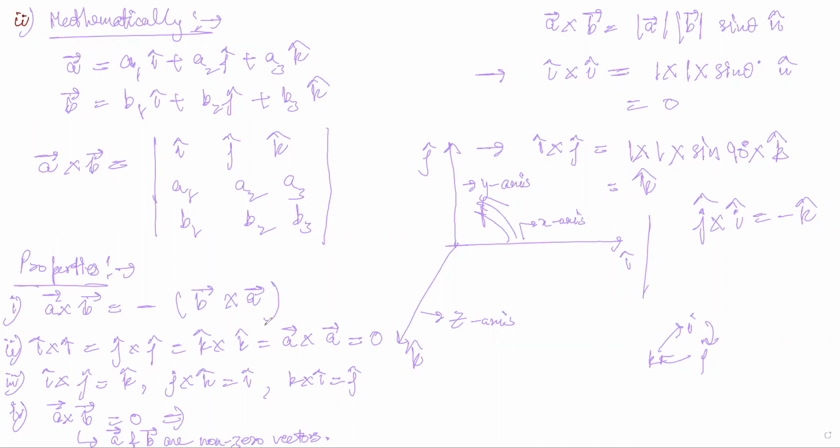So how can their cross product be 0? If A and B are collinear vectors, or the angle between them is 0. So it can only be 0 due to sine theta, which means that theta has to be 0. It means that either the vectors are parallel or collinear, right? It means A and B are parallel or collinear.